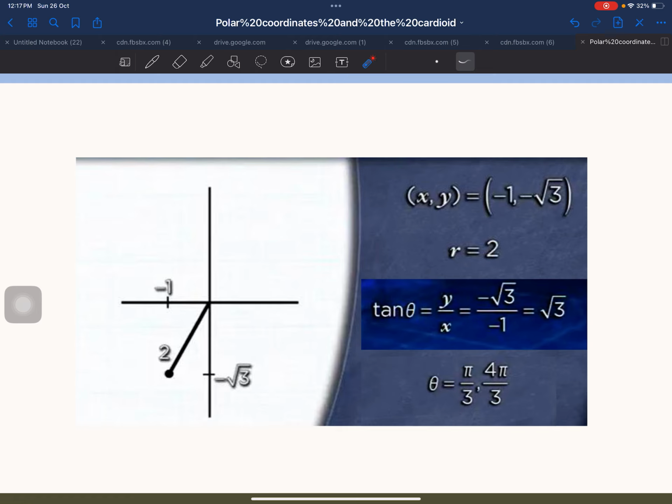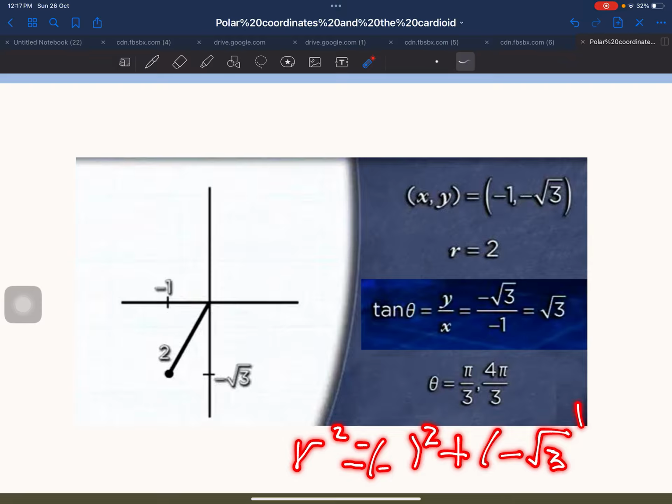So r squared is equal to negative 1 squared plus negative square root of 3 squared.